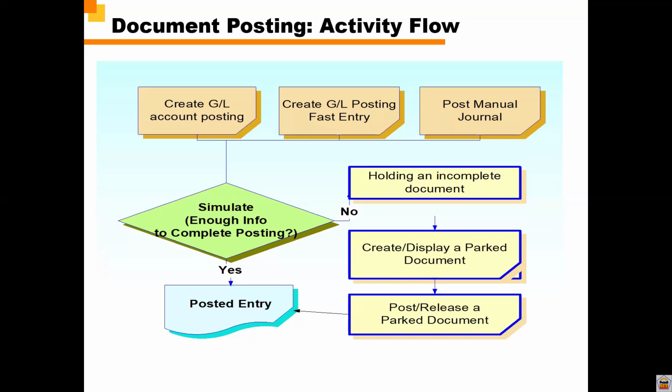The document number will remain the same: whatever park document number we have received will be your posted document number. It will not be changed. The GL account balance update will happen, so the system is going to update the GL account balance. These are the features we have discussed about the park document and posted document.